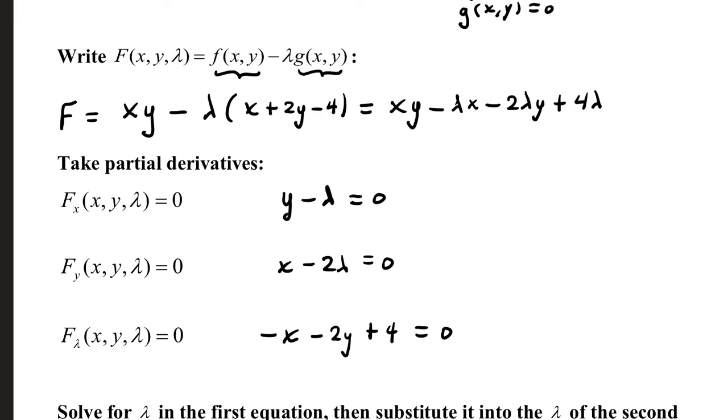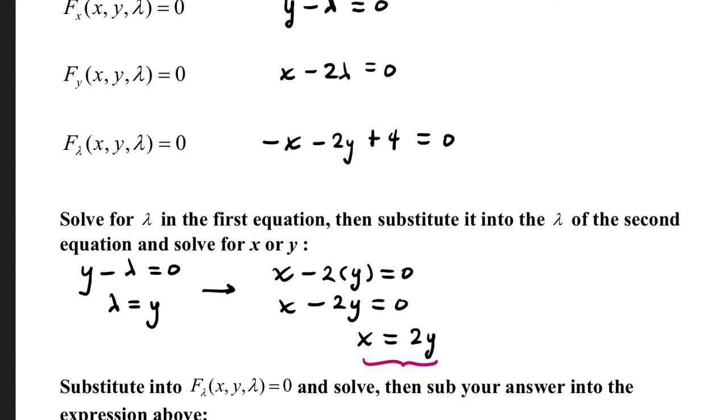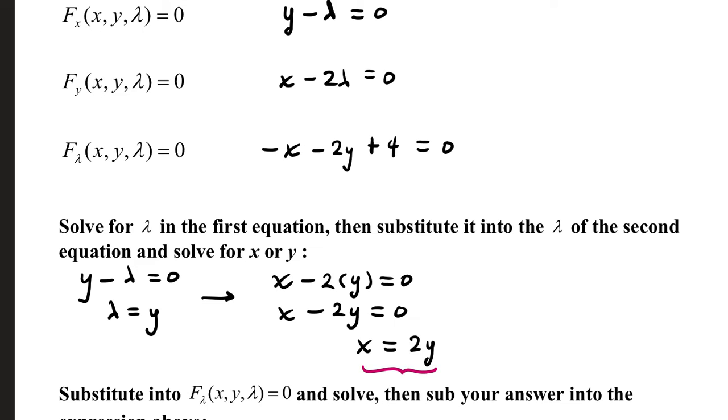Once you have your partial derivatives taken and set equal to 0, that forms a system of equations that we need to solve. The next step is to solve for lambda in the first equation. Go back up to f sub x. Solving for lambda, you get lambda equals y.